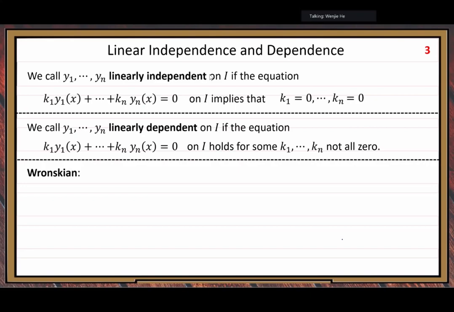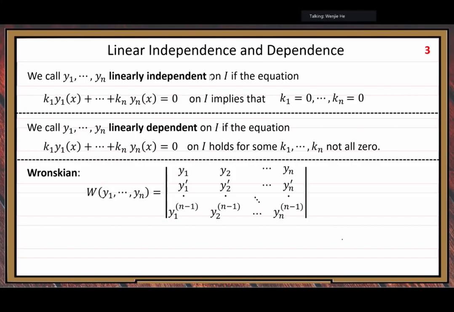Then the derivative function also equals 0 on I. The second derivative function also equals 0 on I, and so on, through the nth derivative of this function also equal to 0 on I. So based on that, we calculate the Wronskian as the determinant of this n by n matrix, right?